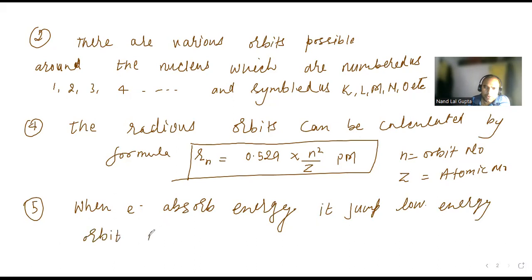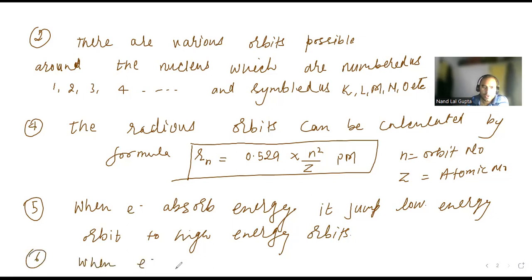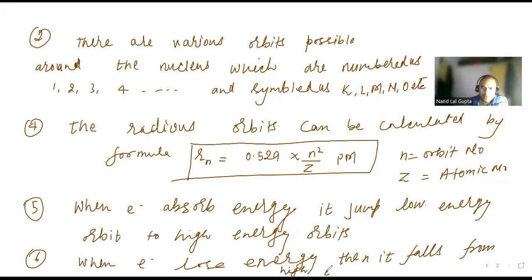All these points are important. We will solve problems on them. And the sixth one, the last one: when electron loses energy, then it falls from high energy orbit to low energy orbit. These are the points.